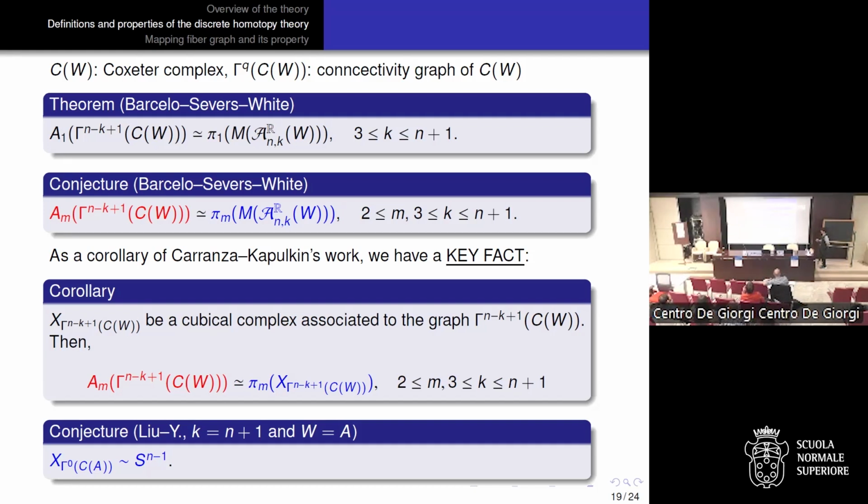So this corollary is not a corollary of this theorem, but a corollary of their work. As a corollary, we can say that, letting X_{Gamma_{n-k+1}(W)} be the cubical complex associated to the connectivity graph of the Coxeter complex, this holds, and the left side is the same.